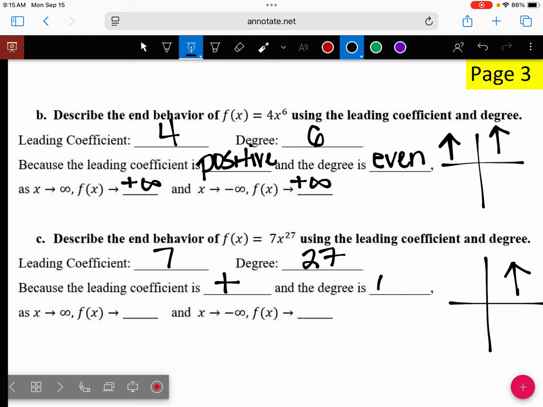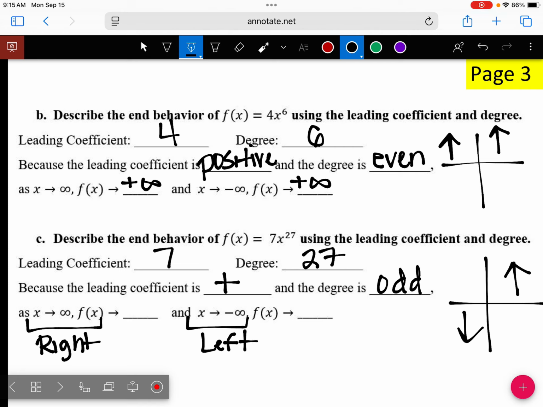Odd. Odd means opposite. So instead of going up, what is it going to do? Go down. So this means the right arrow, and this means the left arrow. So the right arrow is going up, so I'm going to put positive infinity. The left arrow is going down, so I'm going to put a negative infinity.